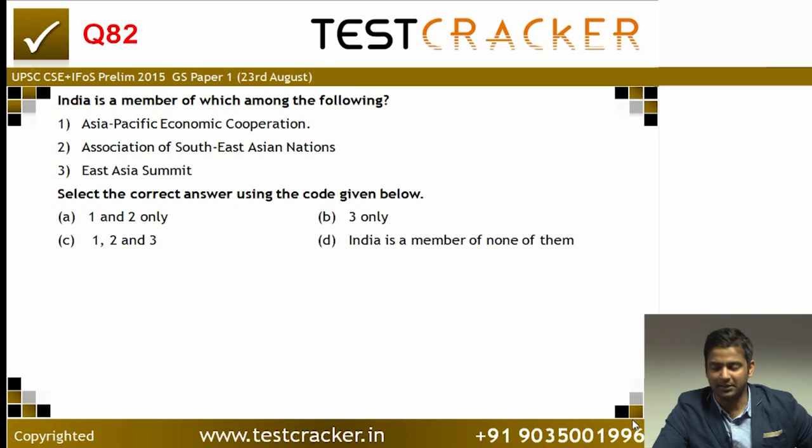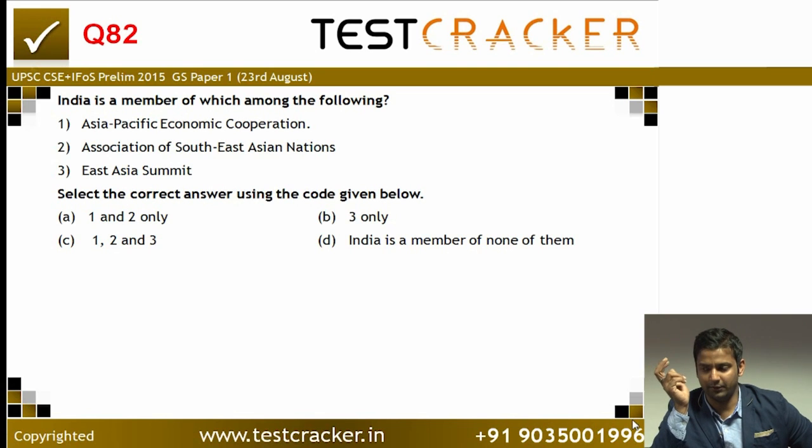Now what is East Asia Summit? East Asia Summit used to be ASEAN plus 6. So with ASEAN, even if you have gone to the wiki page of ASEAN, or if you have followed any ASEAN summit, you would know that there are 3 kinds of summits with ASEAN. One is the ASEAN Summit, second is ASEAN plus 3, which is China, Japan and South Korea.